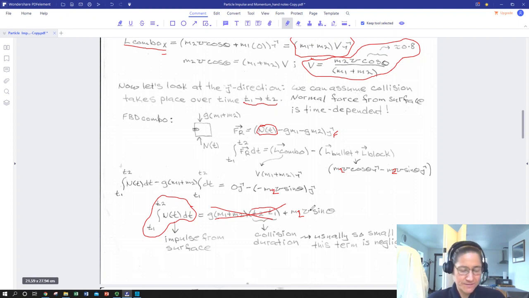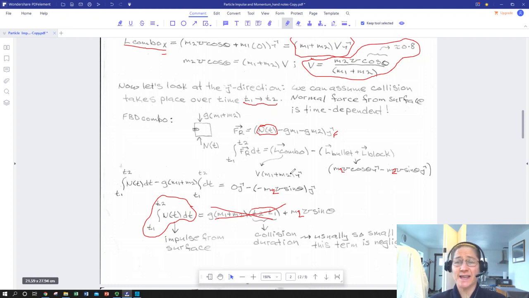If we know anything about the duration of the collision, we know at least what the total magnitude of that normal force will need to be, especially if we approximate it maybe as a constant as a first guess. It won't necessarily be constant, but we'll at least have our arms around it.